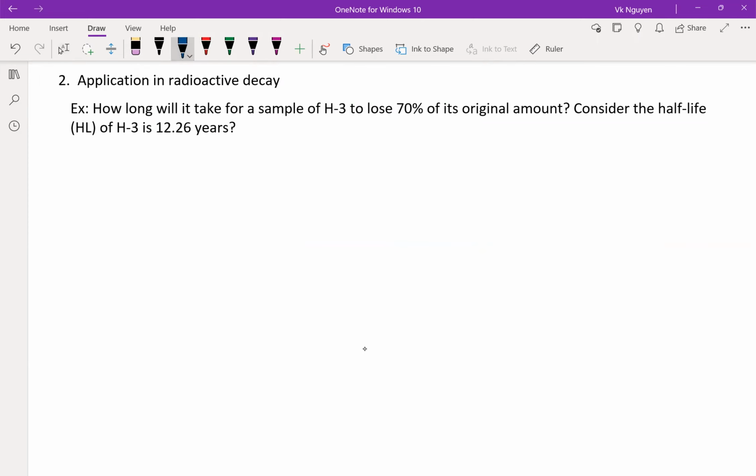You got to do the table. Half-life, that will be the age. Amount remaining. One half-life, half of the original amount, let's say A sub 0.